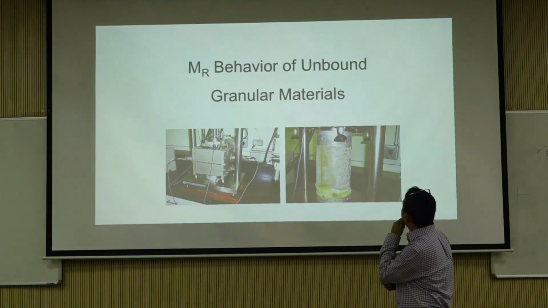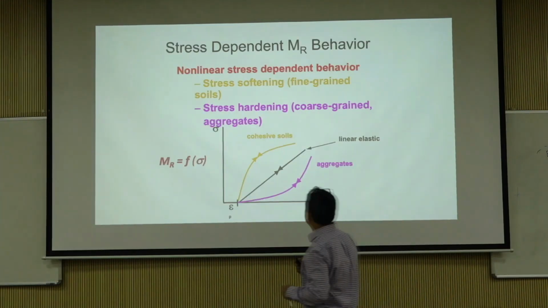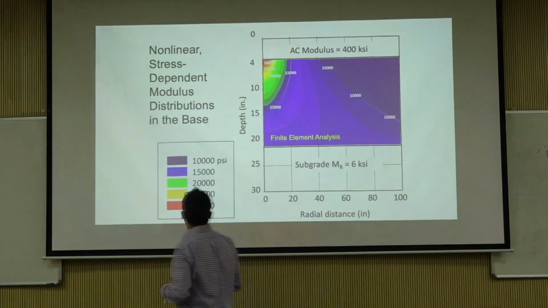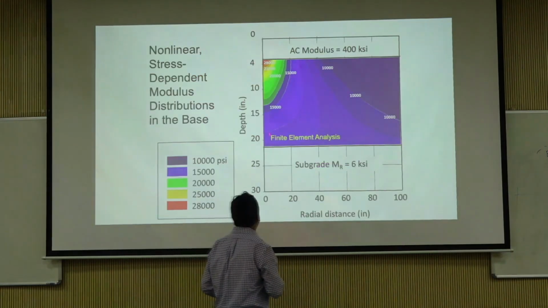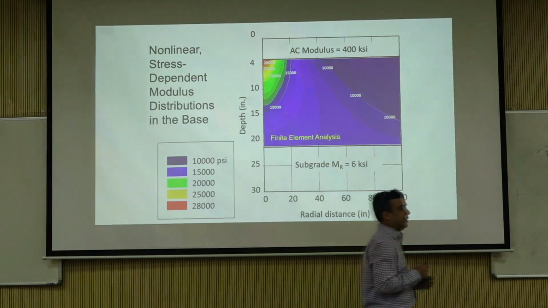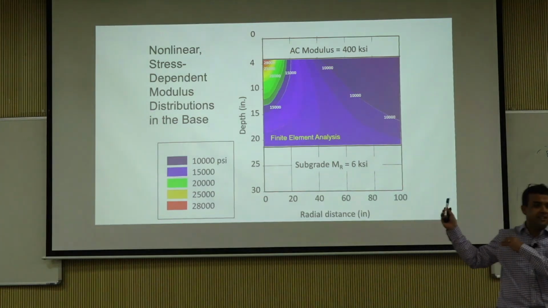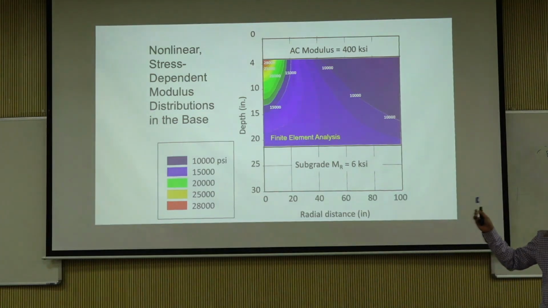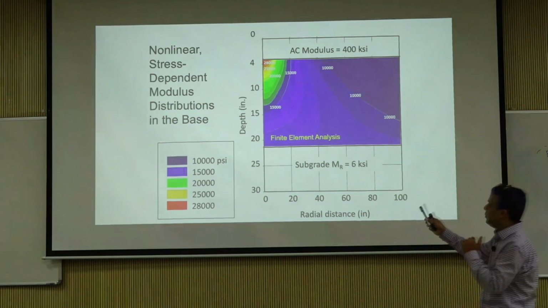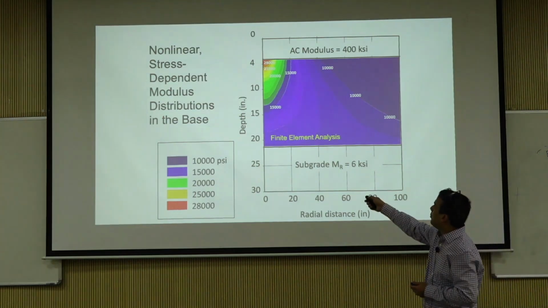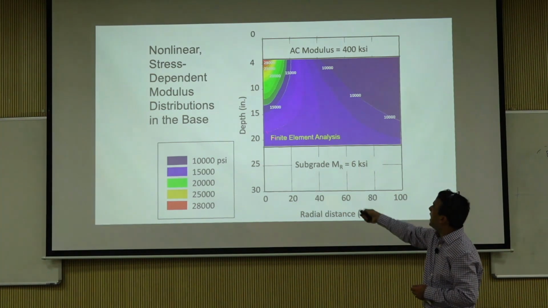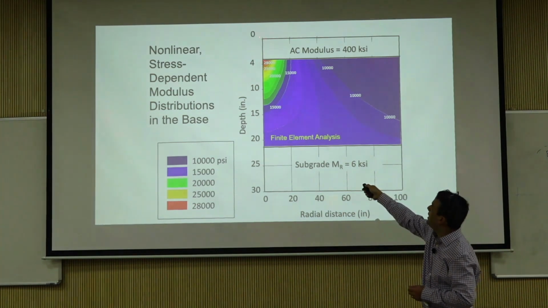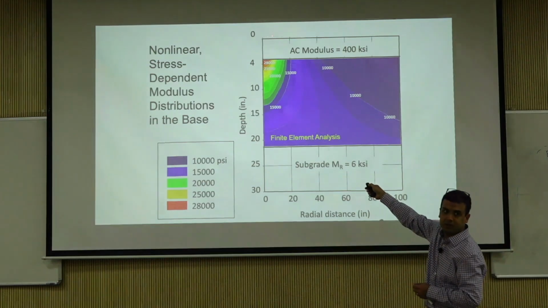Let's go to unbound granular materials. I told you this is stress hardening. This is what I was trying to get into when I told you, and we're going to do this on ILLIPAVE on Friday. You will do it on your computers, and you will see this. Look at how the modulus varies. This is axisymmetric, so the load is right here at 0,0 basically.